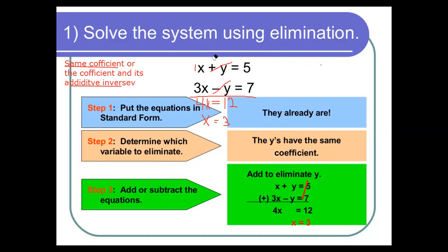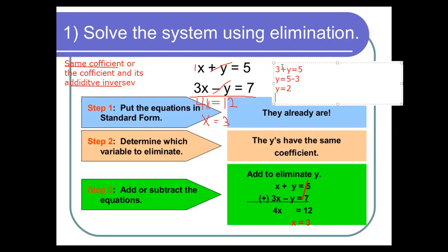Then the value of y will be equal to 5 minus 3, which means y equals 2. So the solution for this system of equations will be 3 and 2.